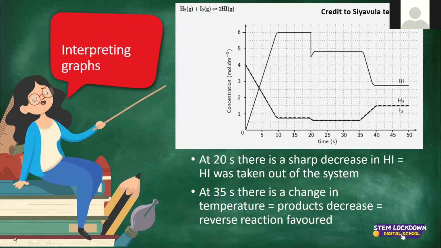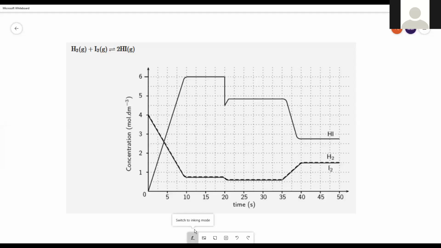So I'm just going to open it on a whiteboard so I can write on it and show you. Okay, so over here, at the 20-second mark, there's this steep decrease that you get from your products, your HI.